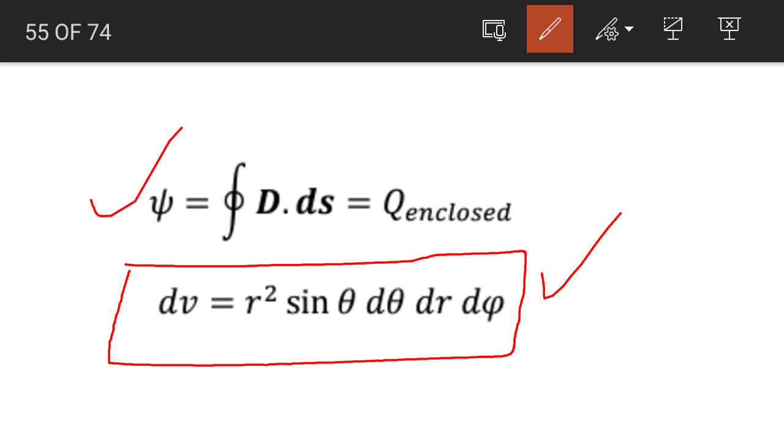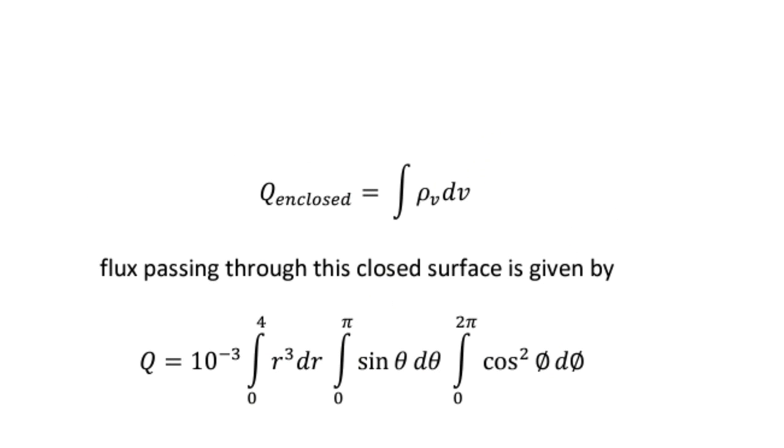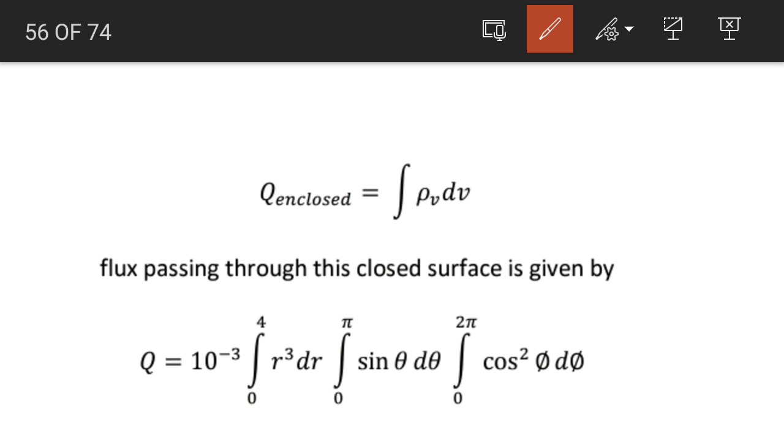Then we calculate rho v dv first, and then we integrate it, and the integration of rho v dv will give you the charge enclosed by the closed surface. So the flux passing through this closed surface is given by the charge enclosed by the closed surface.